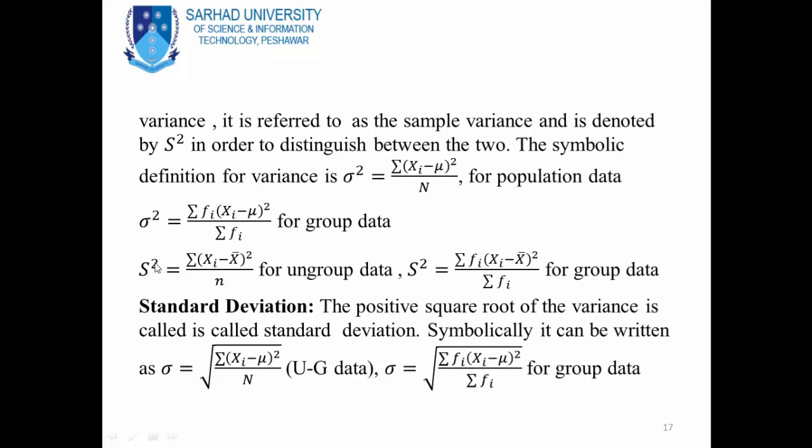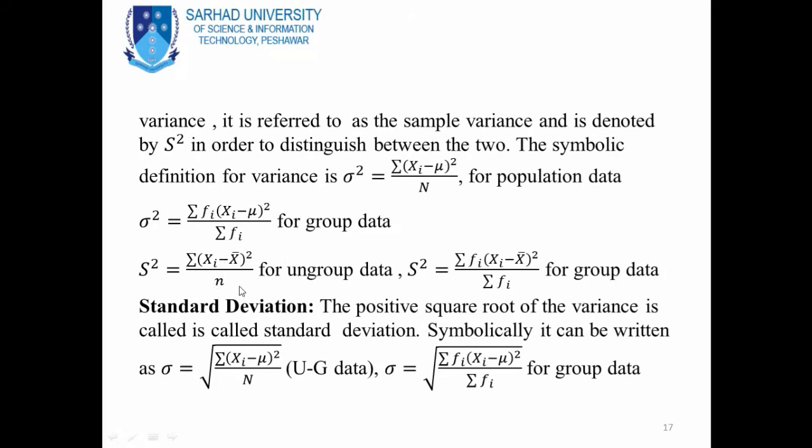Similarly for the sample case, s square is equal to sigma of xi minus x bar whole square divided by n for ungrouped data, and s square is equal to sigma fi into xi minus x bar whole square divided by sigma fi for group data. So dear students, these formulas represent the variance for the population for ungrouped and group data, and these are the formulas of variance in the case of group data for sampling.